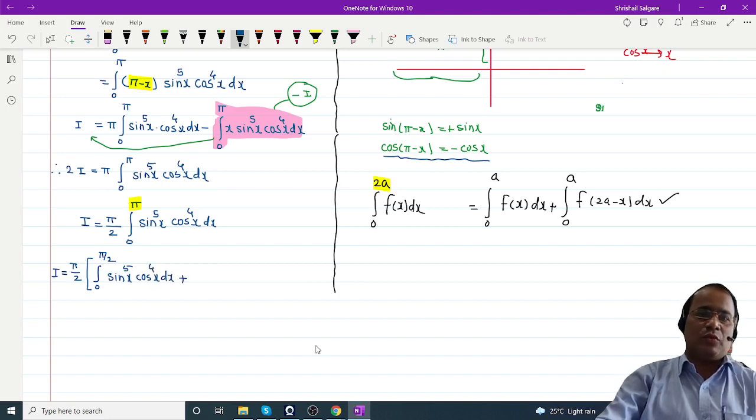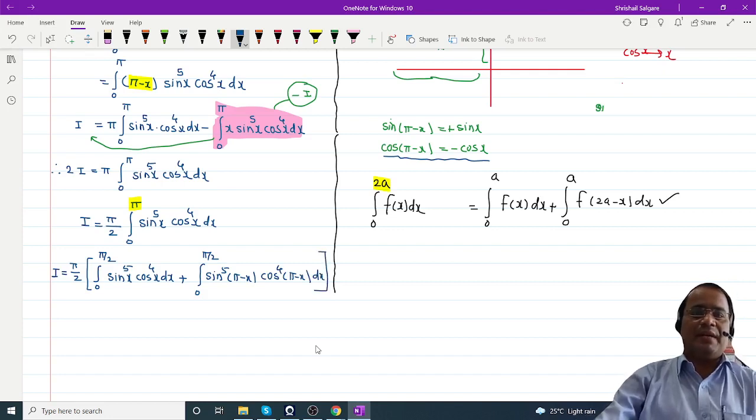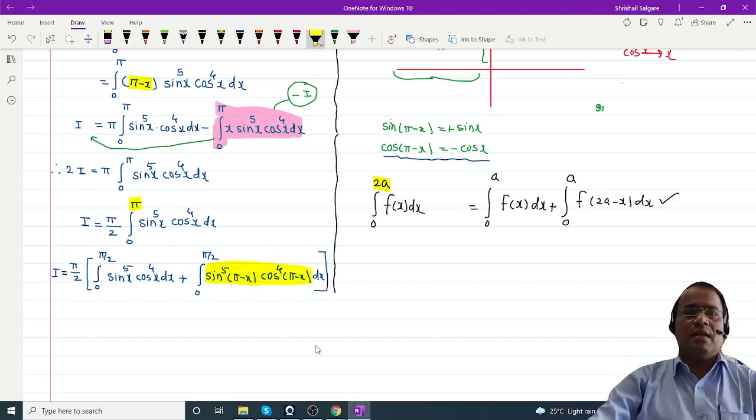First, no change. Second, again you have to make the limit 0 to pi by 2. So here sine raised to 5 of pi minus x, cos raised to 4 of pi minus x dx, and this bracket is complete. But we have simplified this. Sine of pi minus x raised to 5 is nothing but the same.